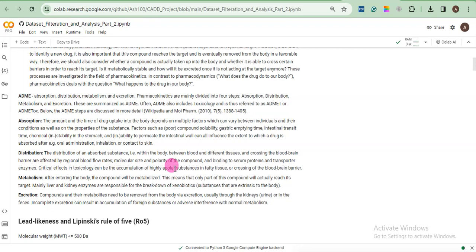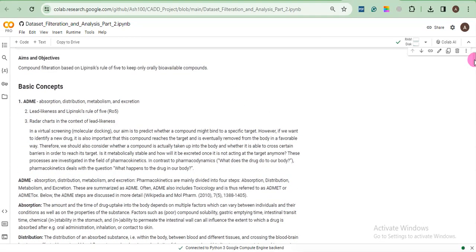If the solubility in water is higher, it means the drug is hydrophilic. If the solubility in octane is higher, it means the drug is hydrophobic. In the same way, you need to read about distribution and metabolism. I have mentioned all these things in sufficient detail.